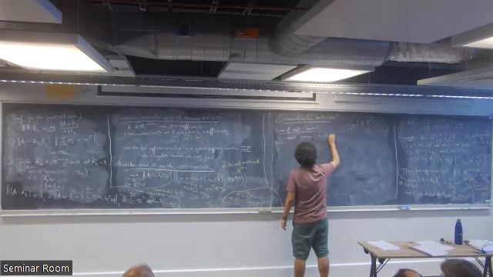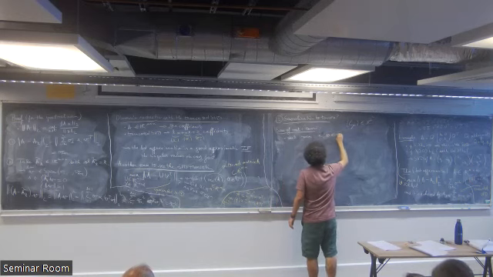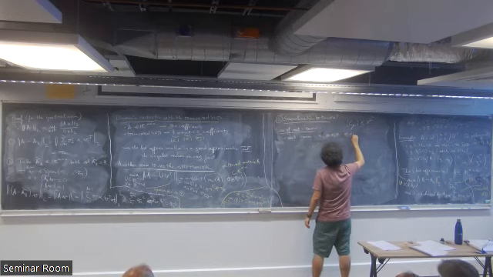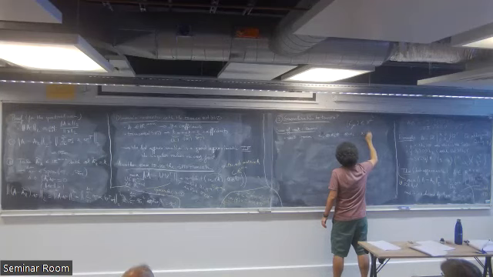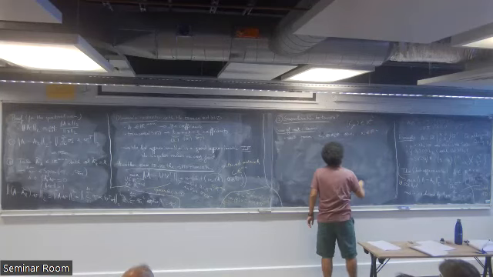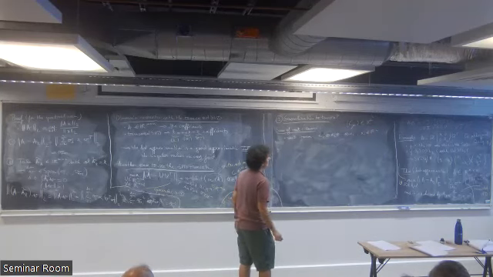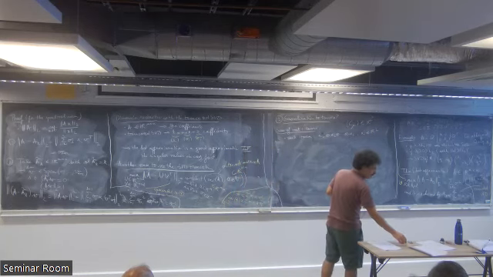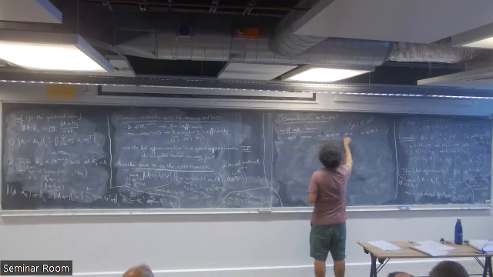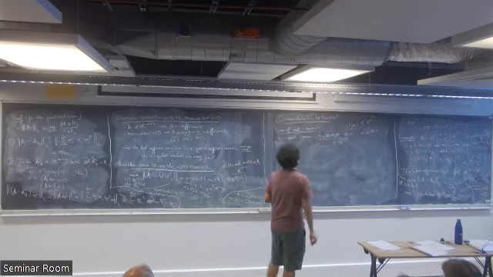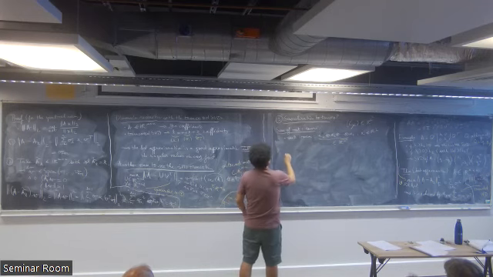It will be U1 tensor U2, and so on up to UL, where each Ui is just a vector of R^2. The tensor product of all these vectors is an element of R^2 to the L.